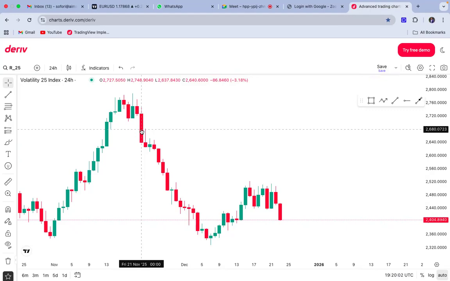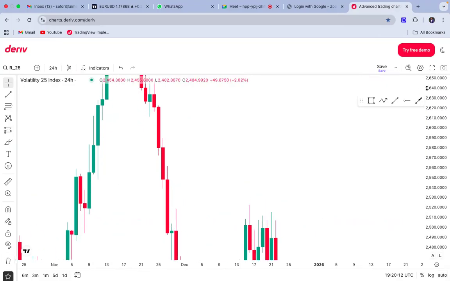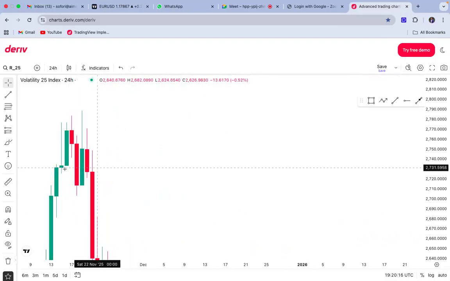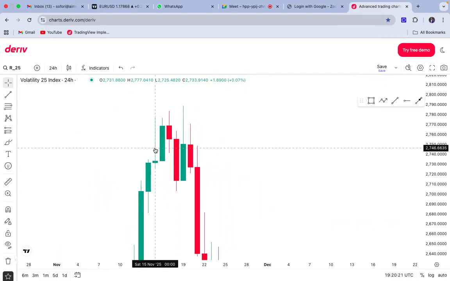Now, I said that you can see there are different sizes. What does it mean to have something like this? Let me zoom out so you can see it well. I'm making emphasis on this candle, the candle that opened on Saturday, 15th November 2025.